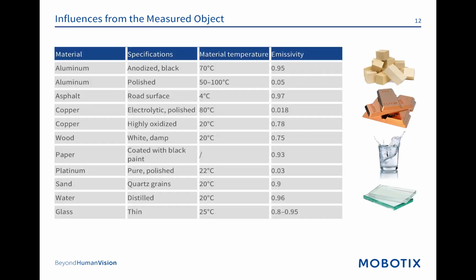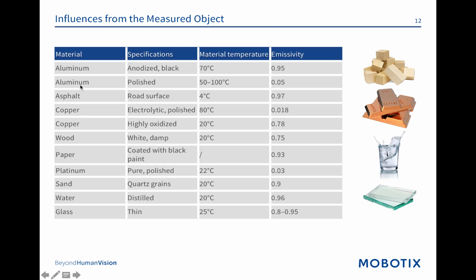And what we see here in the next table is that we have some emissivity values for different materials. We can see aluminum, anodized black, 0.95. So you can say nearly 100%.